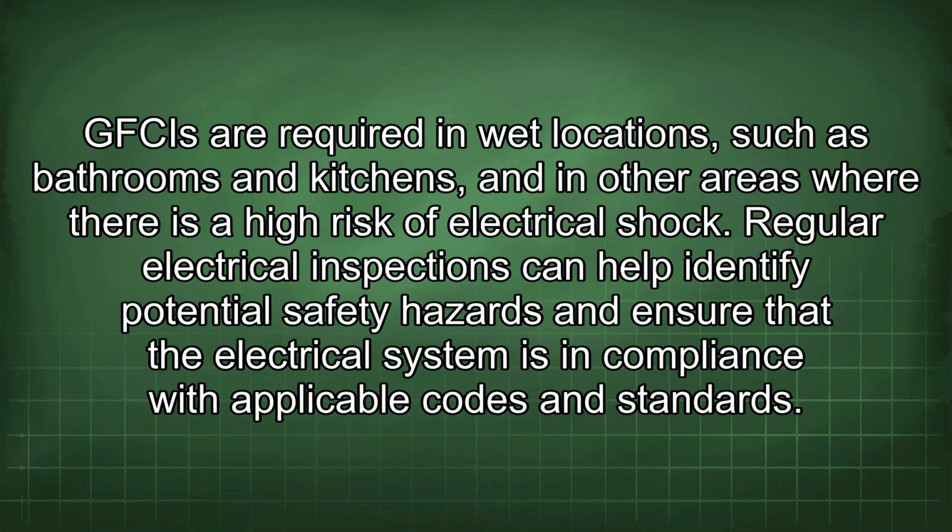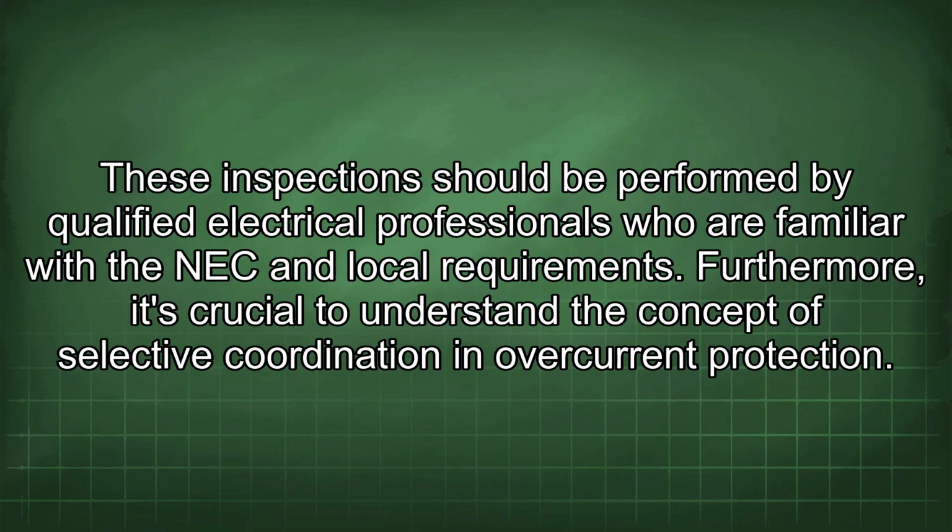GFCIs are required in wet locations, such as bathrooms and kitchens, and in other areas where there is a high risk of electrical shock. Regular electrical inspections can help identify potential safety hazards and ensure that the electrical system is in compliance with applicable codes and standards. These inspections should be performed by qualified electrical professionals who are familiar with the NEC and local requirements.